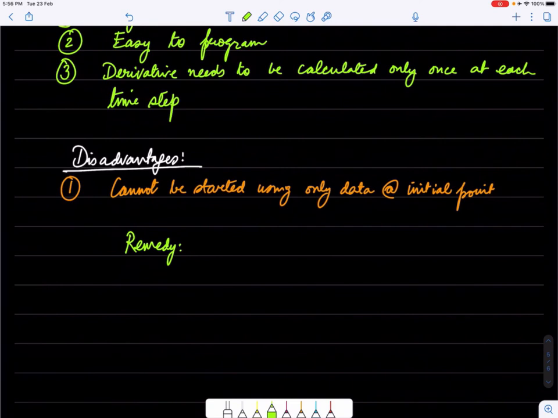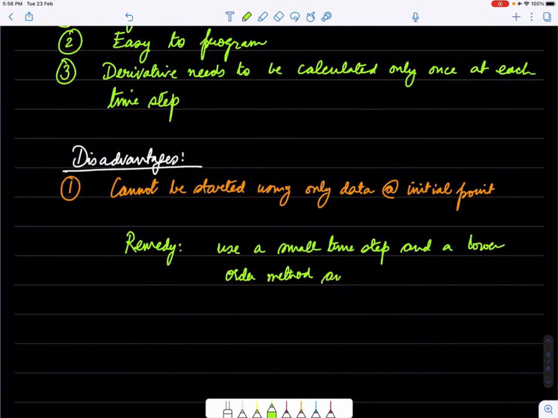So we can start with a small time step and a lower order method, and slowly increase the order as more data becomes available.